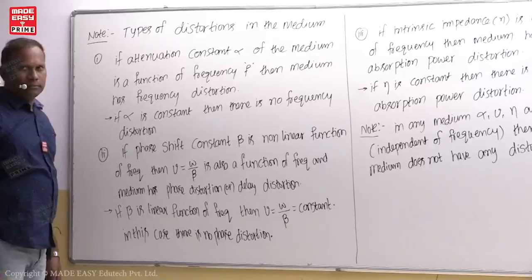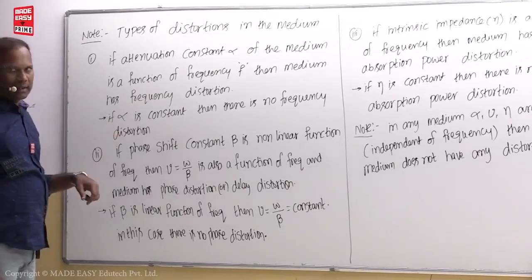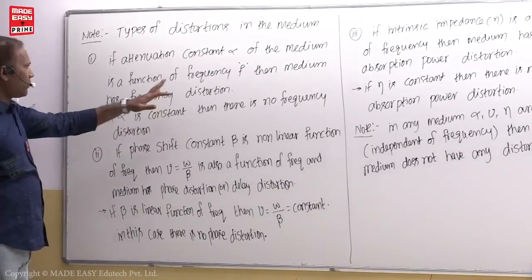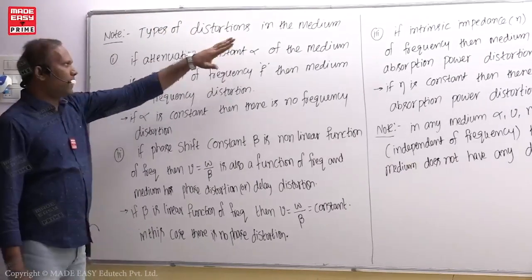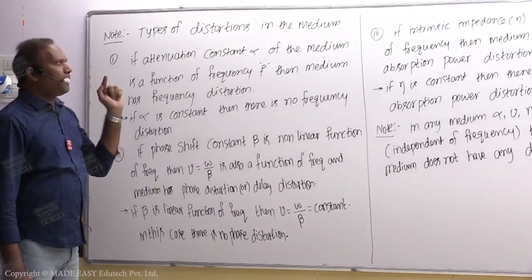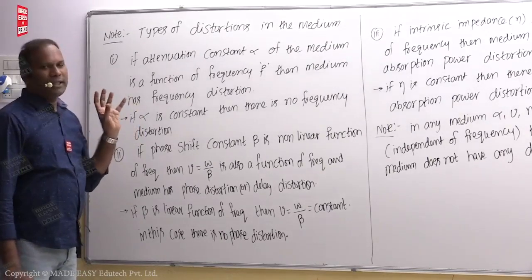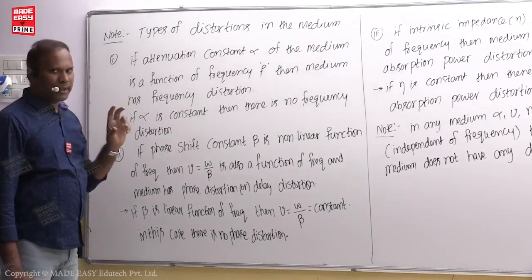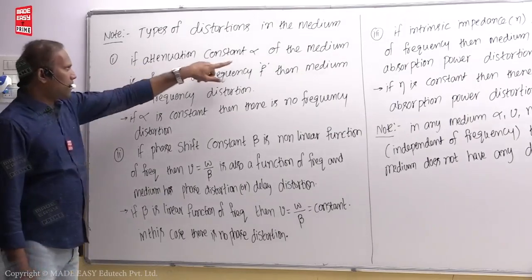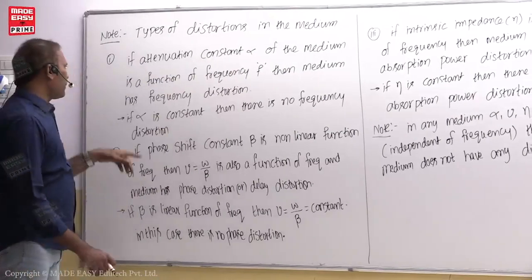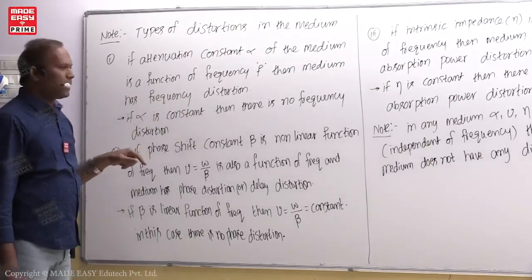Okay. So dear students, let us write this. You see these theory points. I want to save the time, that's why I wrote them. You see types of distortions in the medium. You know that medium parameters are epsilon, mu, sigma, and whenever wave travels, frequency of the wave is also present. So if the attenuation constant alpha of the medium is a function of frequency, then the medium has frequency distortion.